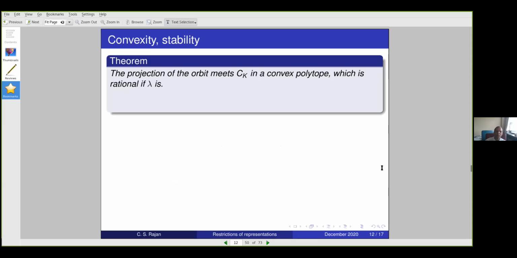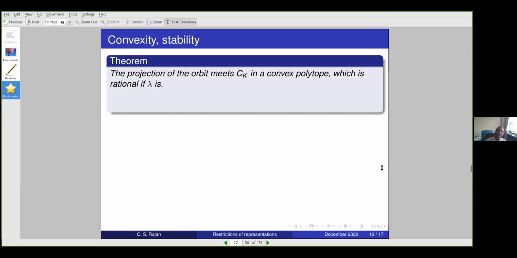The projection of the orbit: I'm taking the orbit generated by the highest weight, the coadjoint orbit, and I project it to the Lie algebra of the subgroup and project it to the diagonal torus, the maximal torus there, and look at the intersection with the fundamental domain for the action of K or the action of the Weyl group. So what it says is a convex polytope.